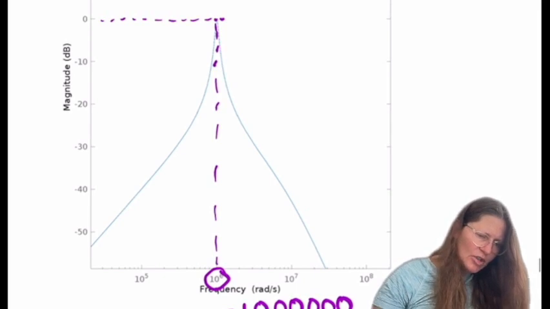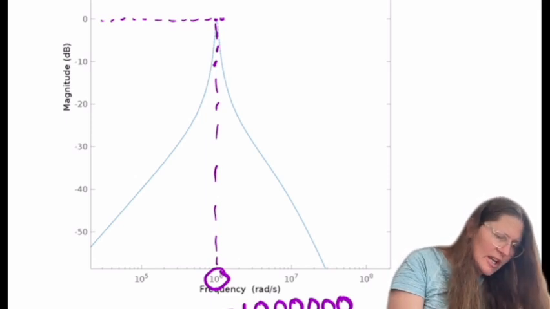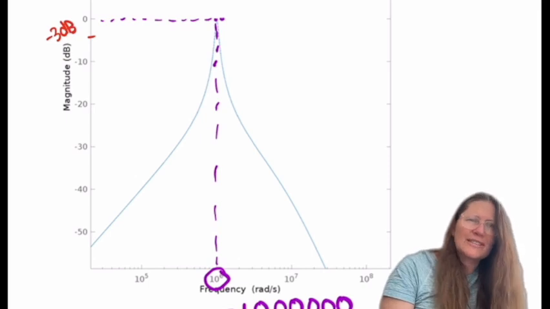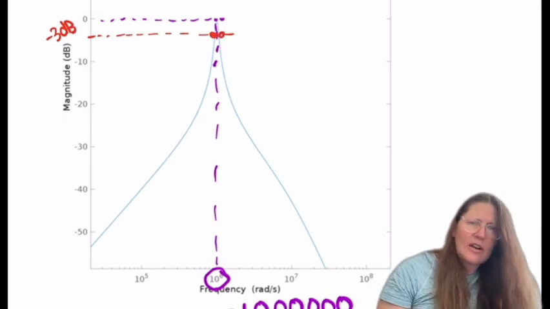And then you look at if this is a high or low Q by going down by minus 3 dB from the peak, which would be at 0. So this is going to be minus 3 dB. So you can see here that this is pretty narrow.